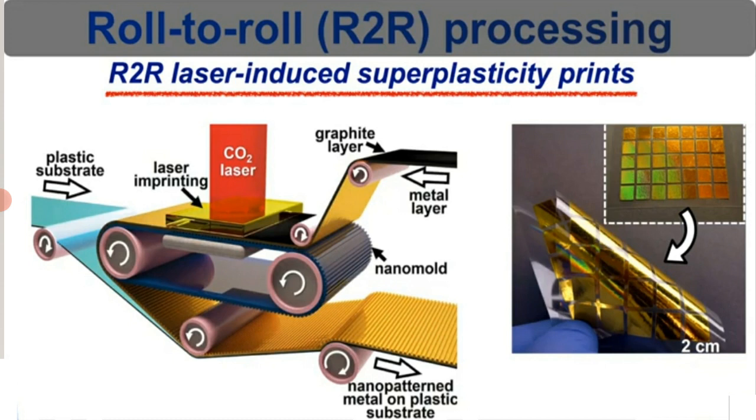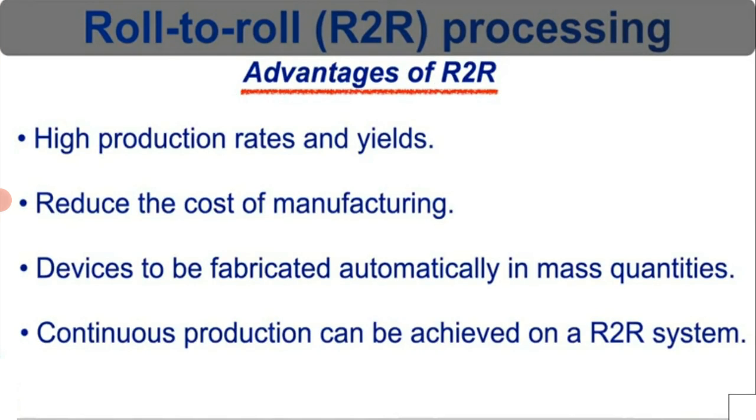There are examples: R2R lasers, superplasticity prints, plastic surface, laser printing, graphic layer, nano patterns, metals on a plastic substrate. Advantages of R2R processing: high production rates and yields. They reduce the cost of manufacturing, and devices can be fabricated automatically in mass quantities.